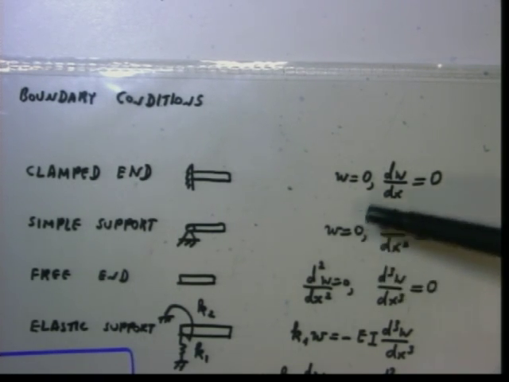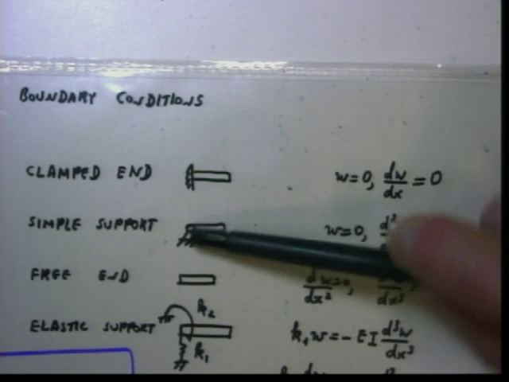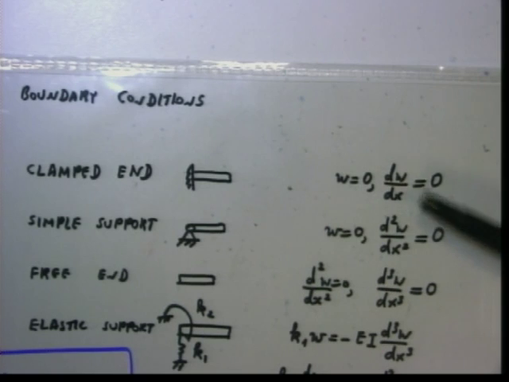Why? Because this is connected with the moment. Bending moment equals 0. This thing here can rotate. Because it can rotate, therefore bending moment equals 0.